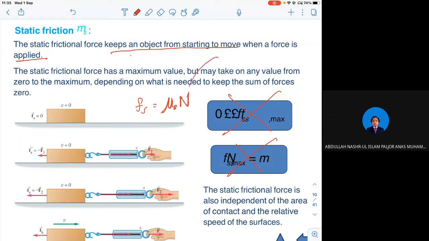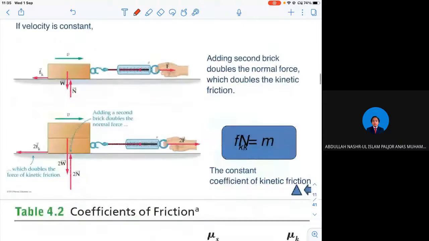What is n? Normal force. What is mu? Mu s is the coefficient of static friction. Mu s is given. Mu s has its own value.